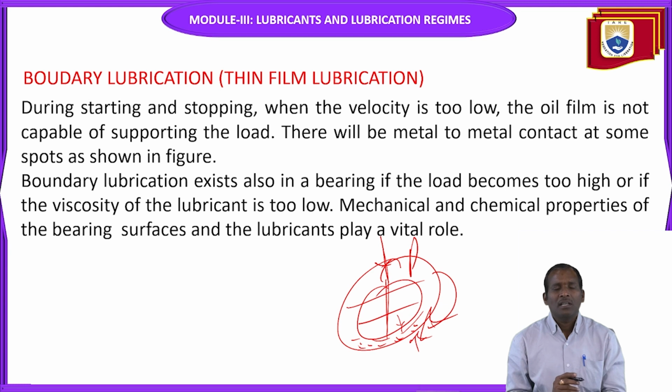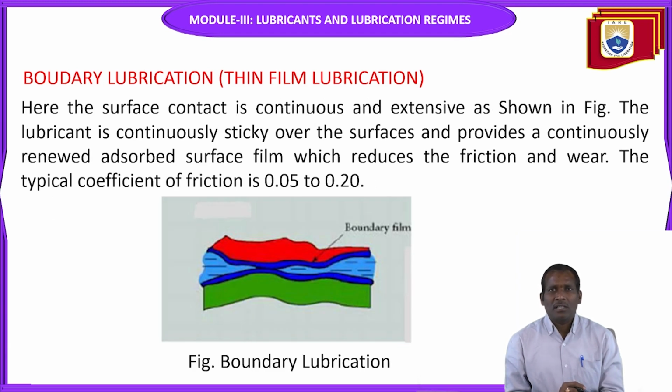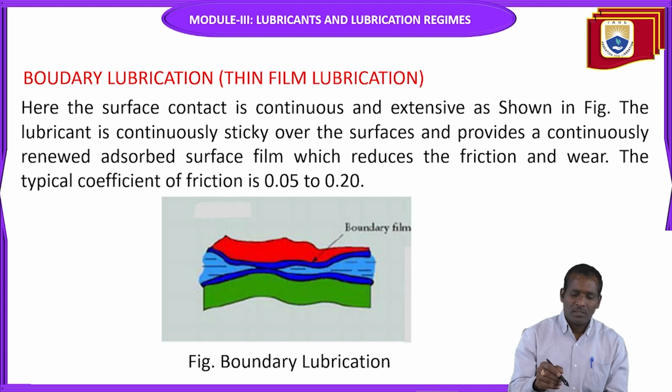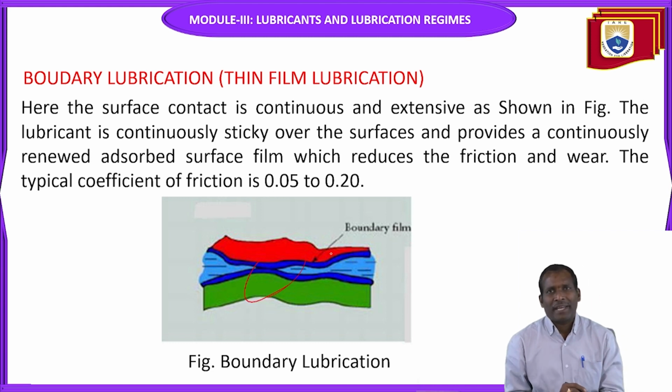The mechanical and chemical properties of the bearing surfaces and the lubricants play a vital role here, the properties we have already learned in previous sessions. In any lubrication they play a very important role. In boundary lubrication there is metal to metal contact because that much lubricant is not being supplied.